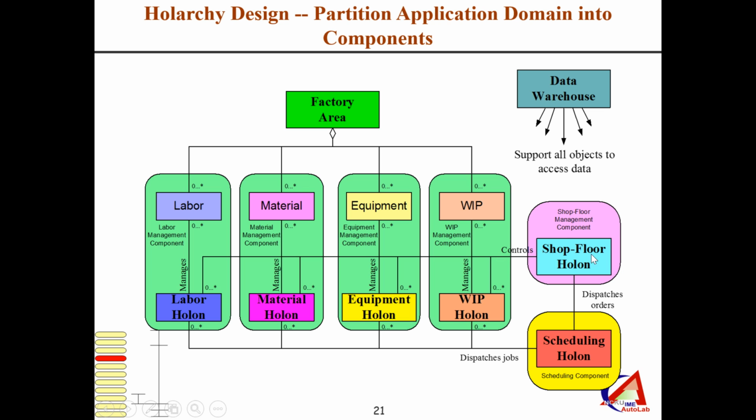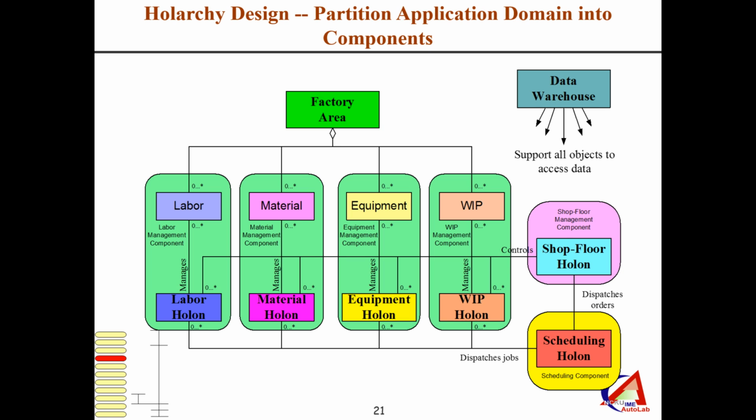And the scheduling and shop floor are different. So you see, here we just try to partition application domains into components. So the entire application domain is divided into, here, six components, right?